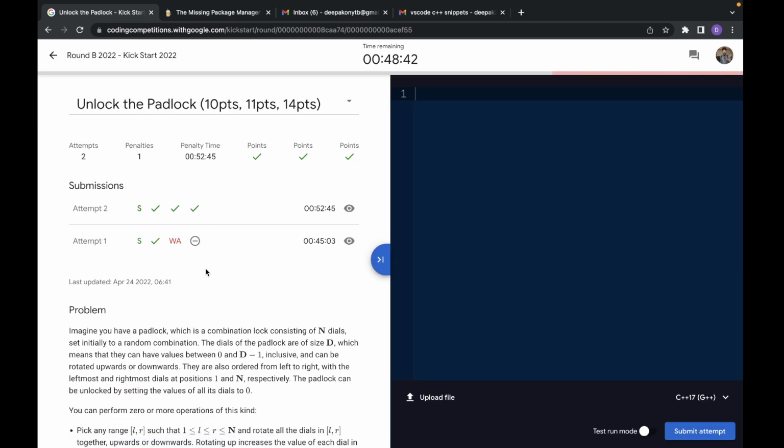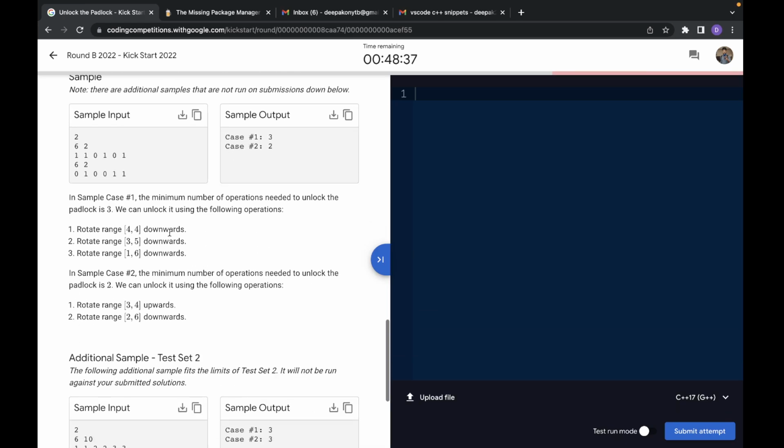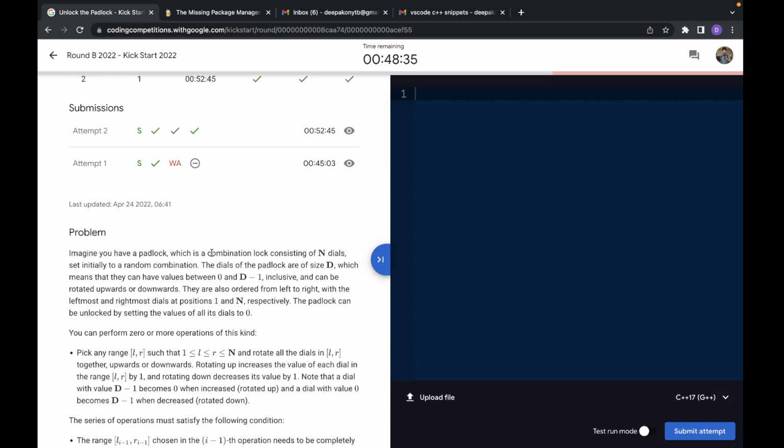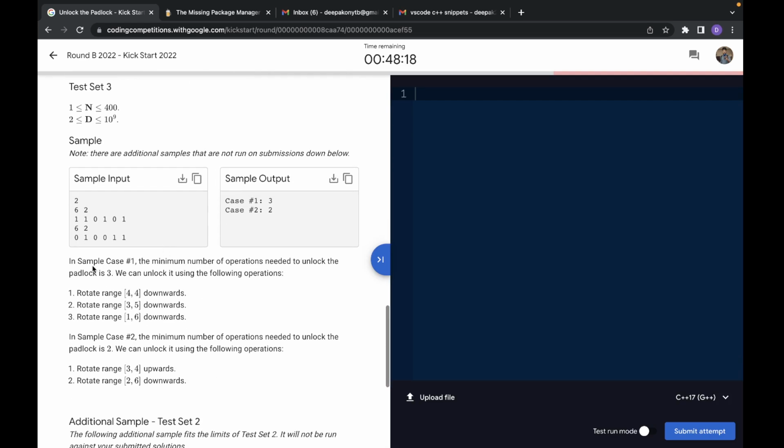Moving to the third problem, what you're given is a combination lock. Usually you find this kind of lock on bags or suitcases, right? You'll have numbers from 0 to 9 on those locks. Here you're given a generalized version of that. You have locks which have 0 to d minus 1.